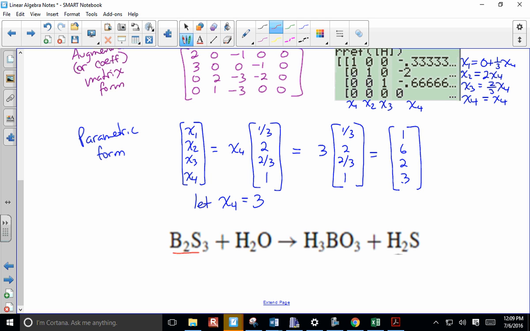So this is the matrix associated with x1. So x1 times B2S3 would give us one of those, 6 of these, 2 of these, and 3 of these.